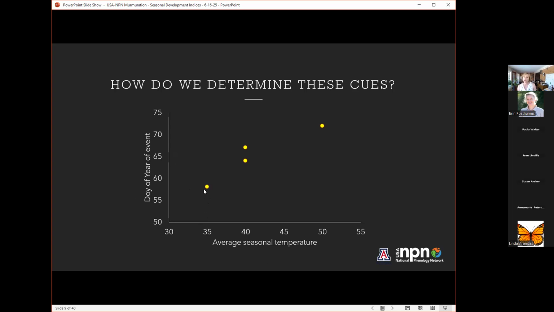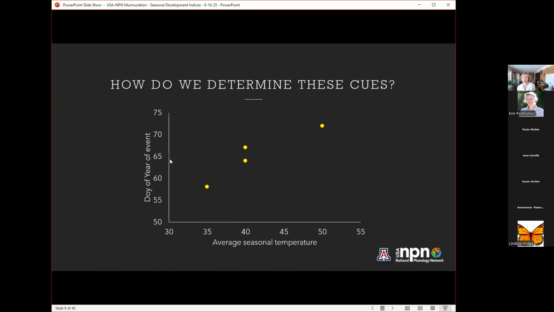So how I would read this is, the year that they said we first saw the crawlers hatch on day 58, we also had an average spring temperature of 35 degrees. Again, I told you it was not very realistic. Maybe if we're in Fahrenheit, I don't know. It's either really low or really high. Anyway, pretend it was 35 degrees. That was the average temperature that year.